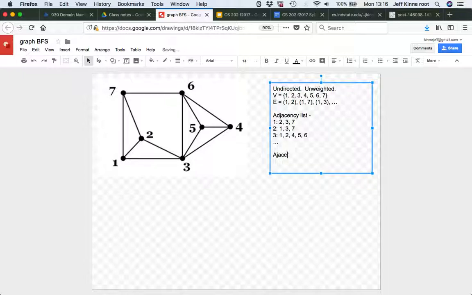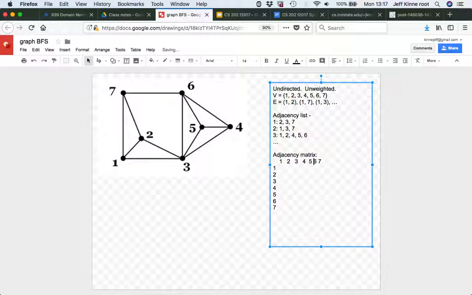An adjacency matrix for this. So for an adjacency matrix, we would have 1, 2, 3, 4, 5, 6, 7 as column labels, and 1, 2, 3, 4, 5, 6, 7 as row labels.